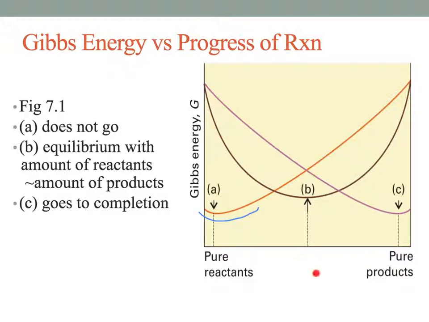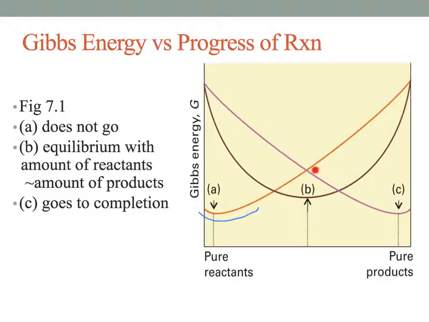So we can anticipate that for curve B, we would have about an equilibrium amount where we have about the same amount of reactants as we do of products. This reaction would be pretty close to being at equilibrium.